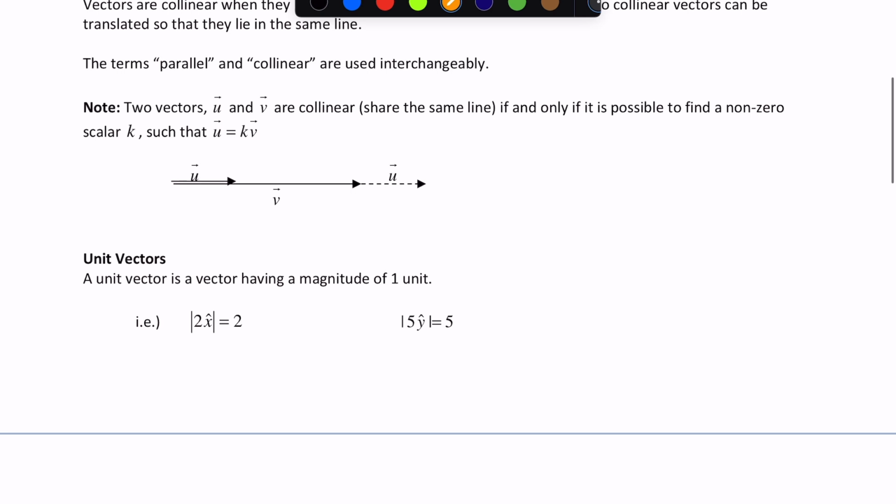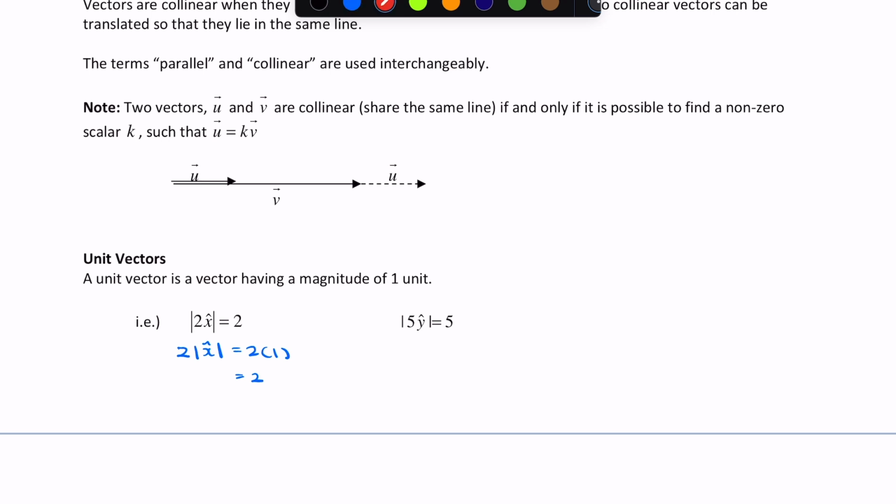If we continue, a unit vector is a vector having a magnitude of 1 unit. An example here is 2 times x, where x is a unit vector. The magnitude is 2 times 1, which is equal to 2.